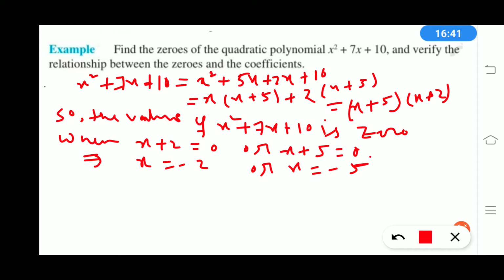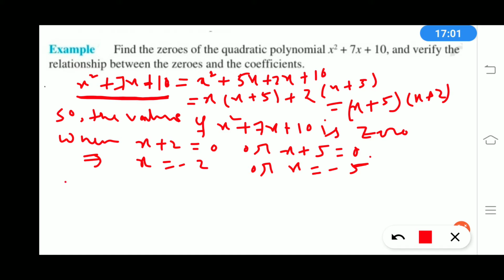So if we put x equal to minus 2 in this given polynomial, then the value of this polynomial is 0, and if we put x equal to minus 5, again the value of this polynomial is 0. So we can easily say that minus 2 and minus 5 are the zeros of the polynomial x square plus 7x plus 10.